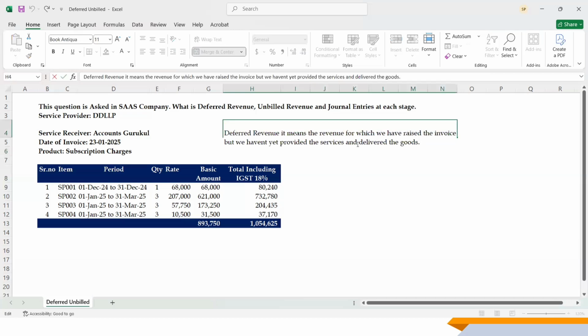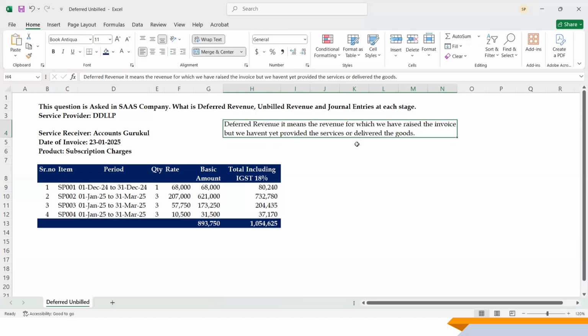This is going to be provided, the services or delivered the goods.